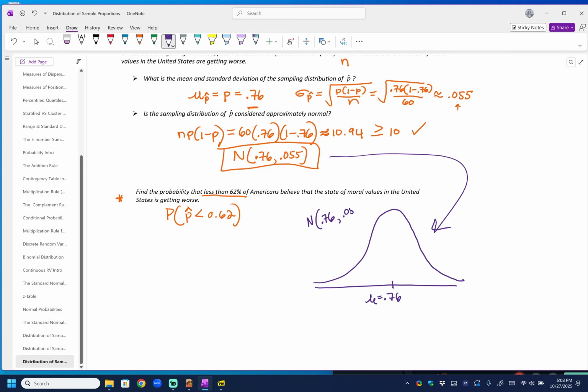So if we left it in 3 decimal places, that means that we should be able to find at least an idea of where these standard deviation markers are going to be, just to give us some context in terms of this distribution. So we're going to add 0.055 to go up. So 0.815 would bring us here. We're going to subtract 0.055 to go down. So that would be about here.